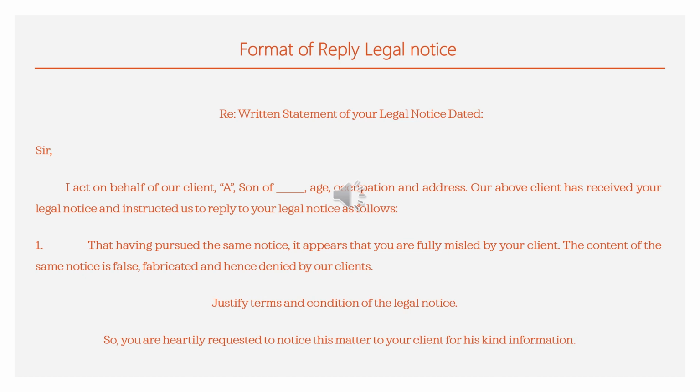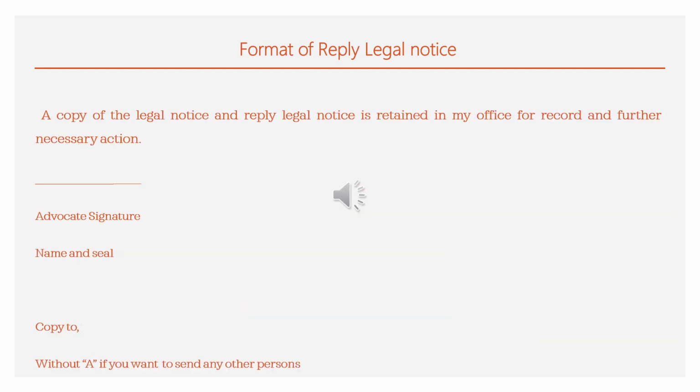So you informed him that whatever you wrote in your legal notice is not right, and please inform your client. Your client means Mr. B. And this is the last part, or formalities, and you have to write down that a copy of the legal notice and reply legal notice is retained in my office for record and further necessary action.